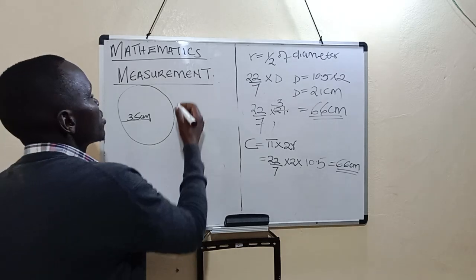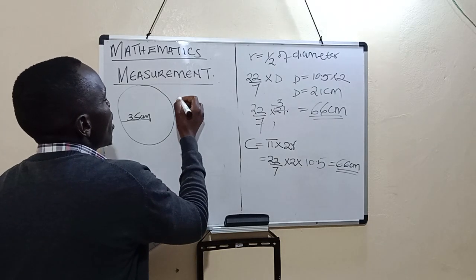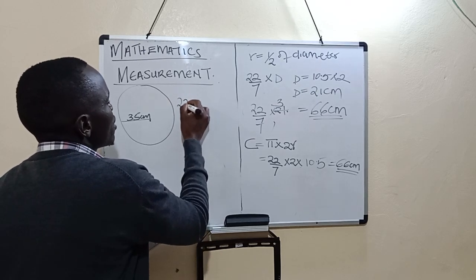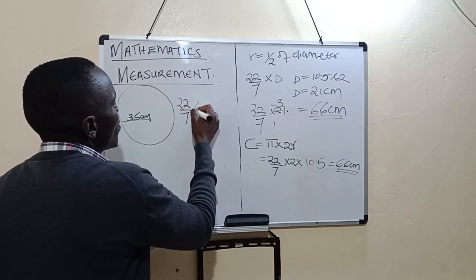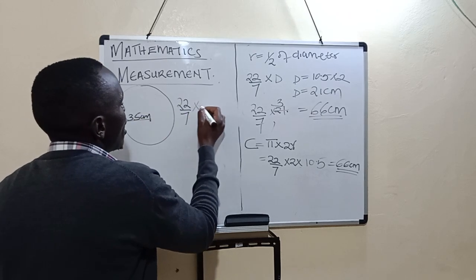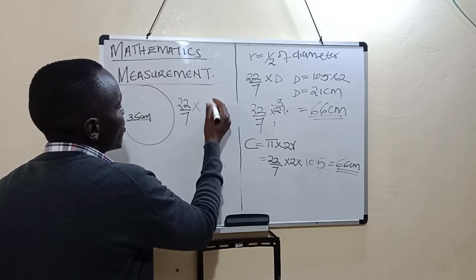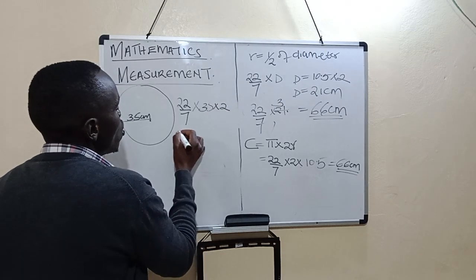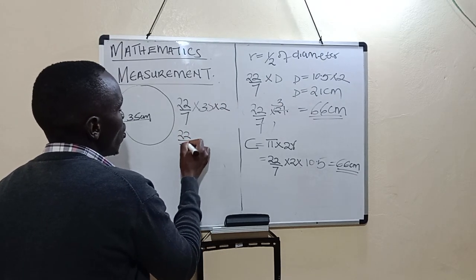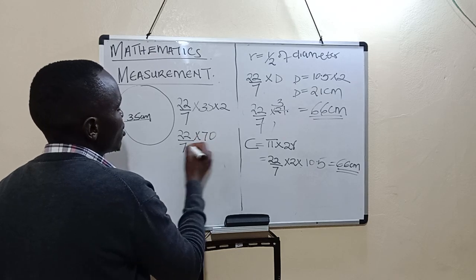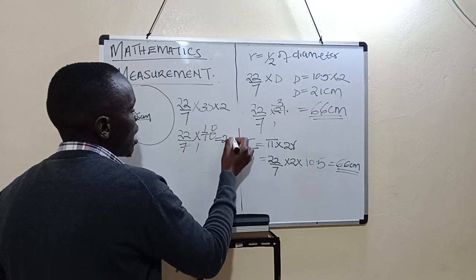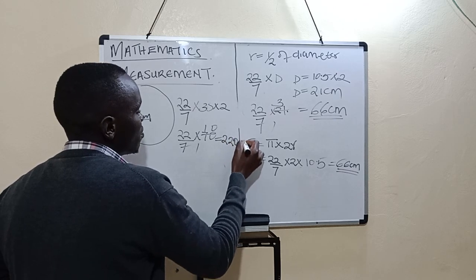So we get the circumference, where we have pi as 22 over 7 multiplied by the diameter, which is 35 multiplied by 2, that is 70. So we have 22 over 7 multiplied by 70, 7 into 70 is 10, so we have 220 centimeters.